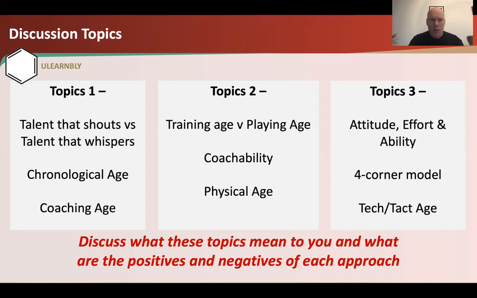Chronological age versus coaching age. So again, understanding when they were born versus the number of years they've been coaching. Again, their coaching age or their experiences, their training age at that level. How many years of experience have they had being coached by a professionally licensed coach or in an academy setting or development center, years of experience with the club.